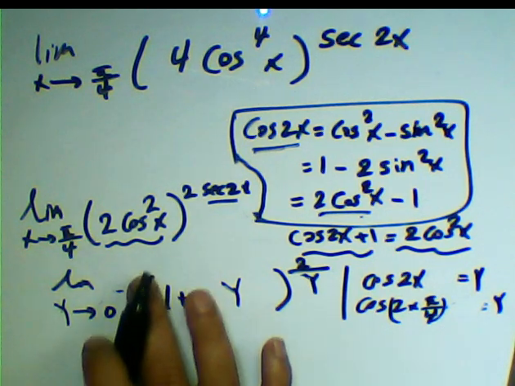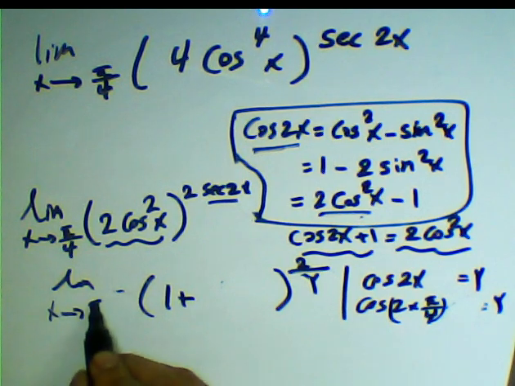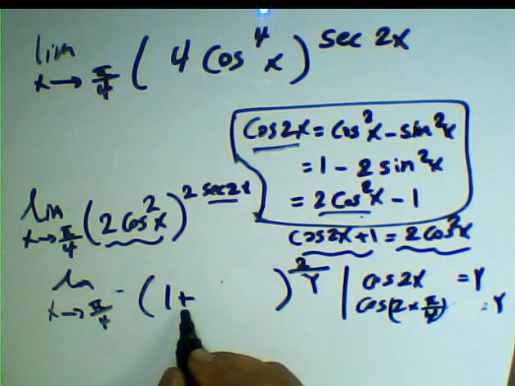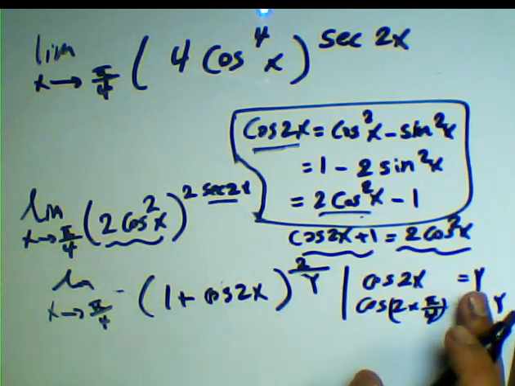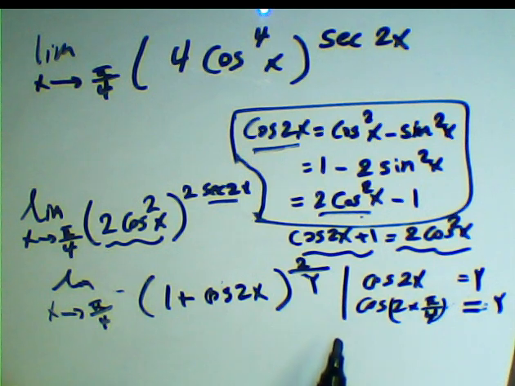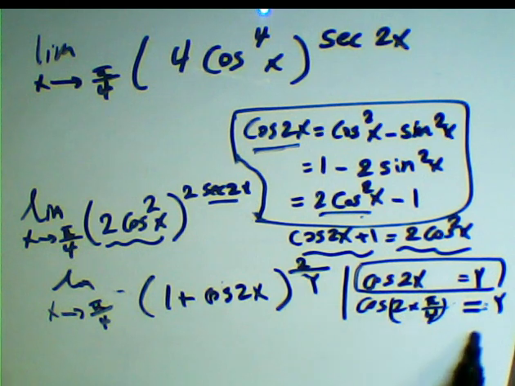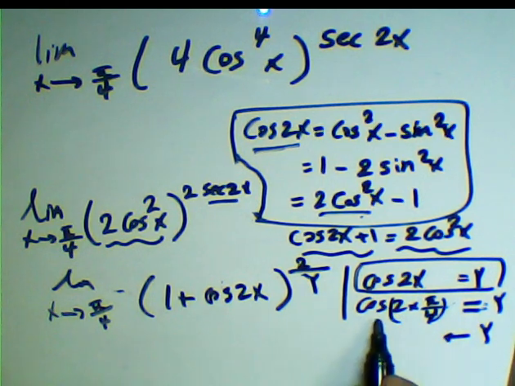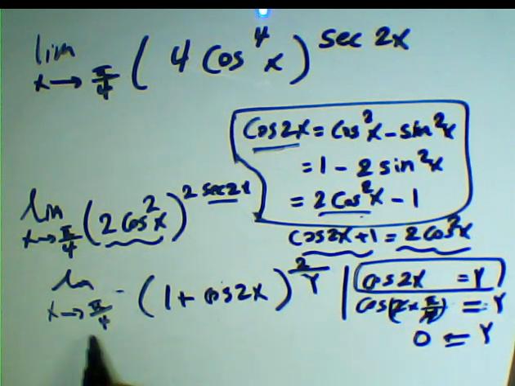Again, the example was x approaching pi over 4 and 1 plus cosine 2x. I put y equal to cosine 2x only. Then when x approaches pi over 4, y approaches cosine of pi over 2, which is 90 degrees, and cosine 90 equals 0. Then y will equal 0.